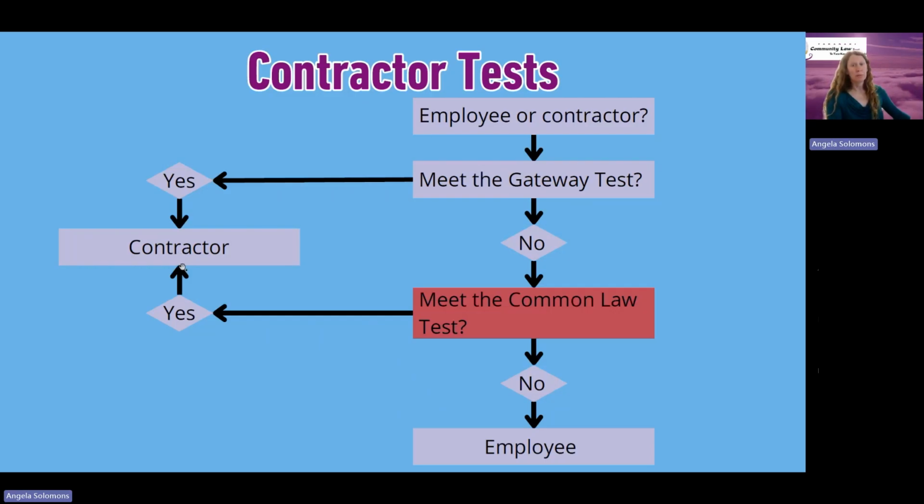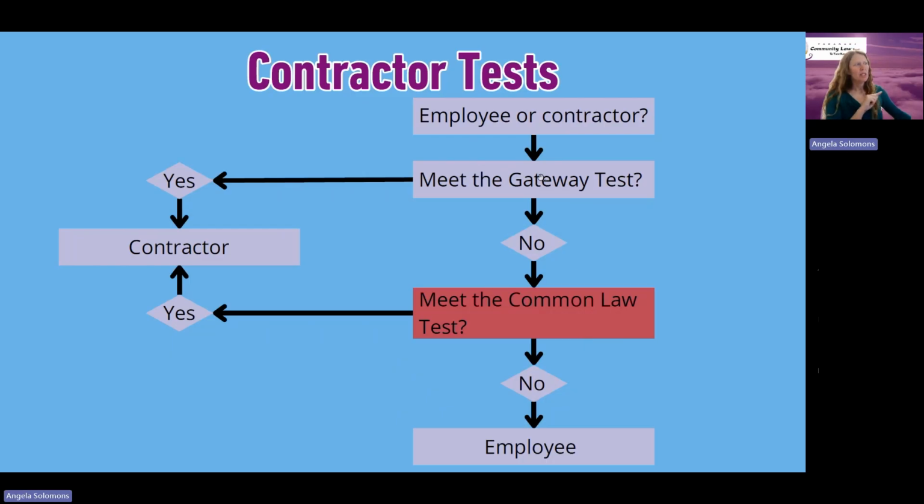But for many people, they actually won't be able to meet that gateway test. And so then they need to go on and look at what's now called the common law test. Not being able to meet all the criteria does not automatically mean that somebody is an employee, because there's still other things that need to happen.